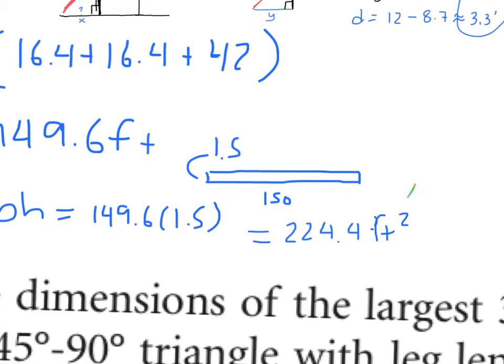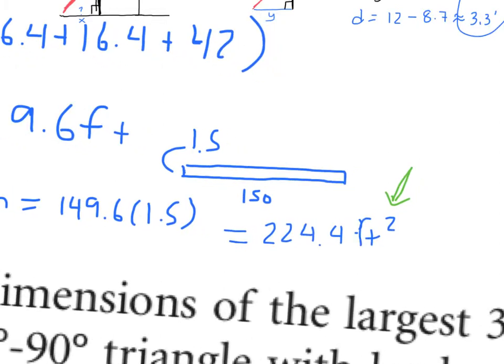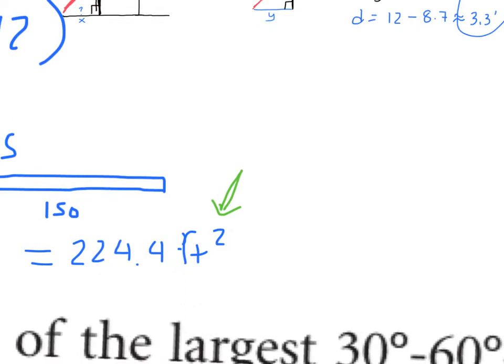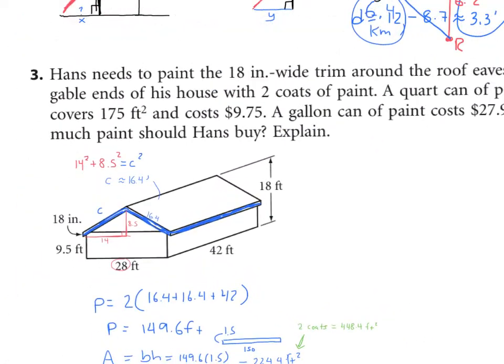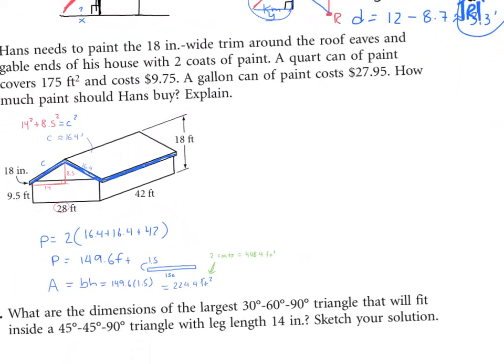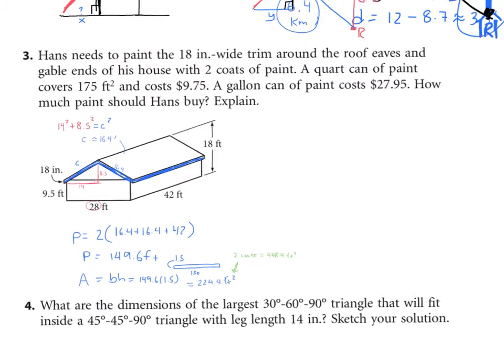We have to double that because it says 2 coats. 2 coats will now give me 448.4 square feet. So now we look over here. If it's 448, how much do we need?